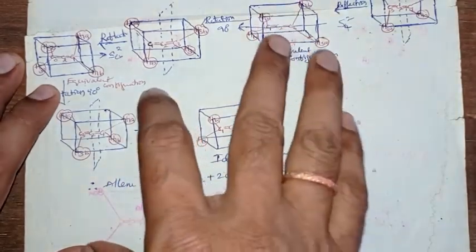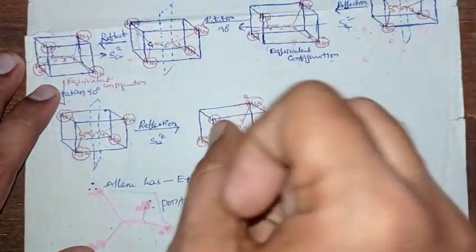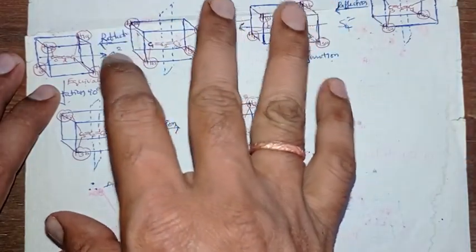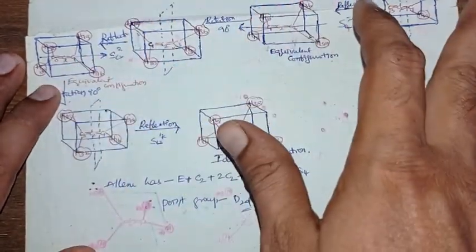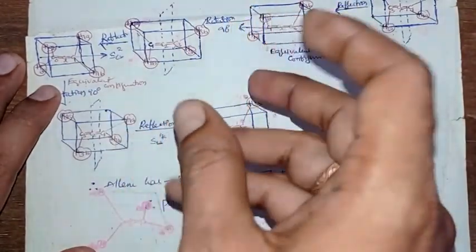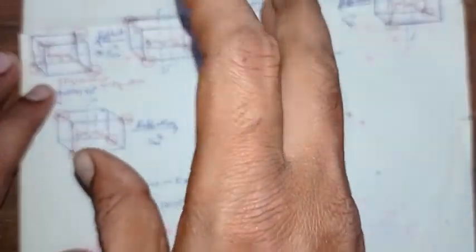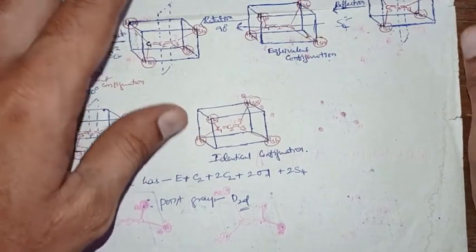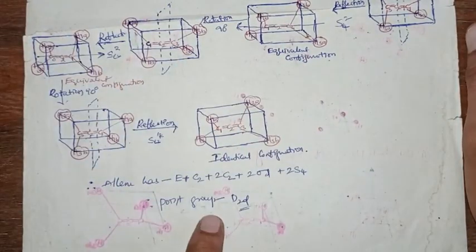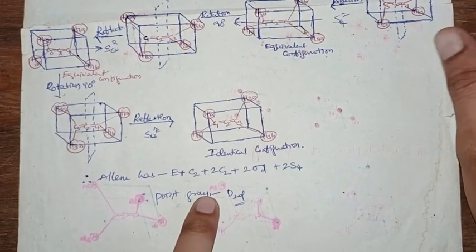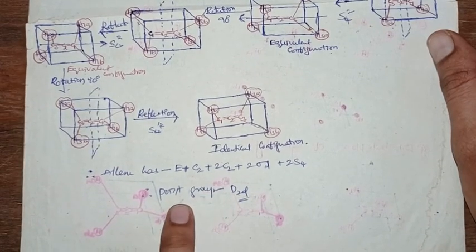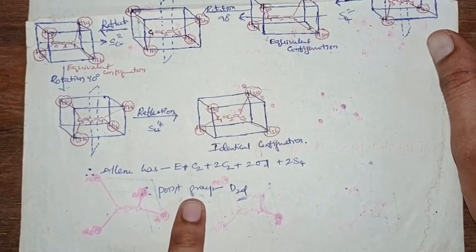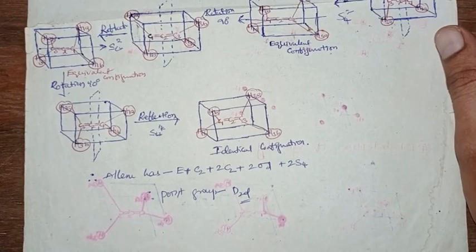The allene molecule can be considered an example of the D2d point group, and in this way we can express all its elements and finally distinguish the D2d point group in the allene molecule.